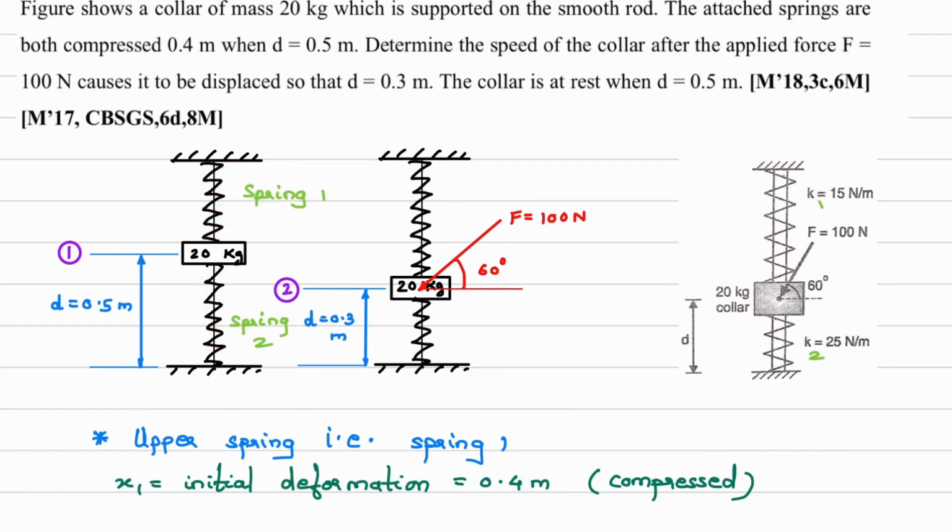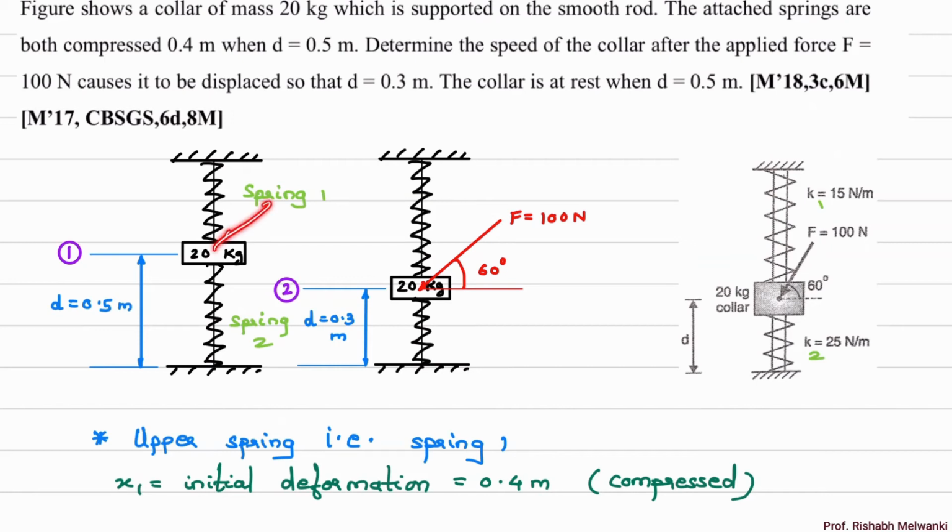Now once we apply the force F, this block will move in downward direction, and at this position, what is the velocity? I mean the collar at location 2, that we have calculated. So this force is applied over here initially only, and because of that this collar moves in downward direction, and initially velocity is 0.